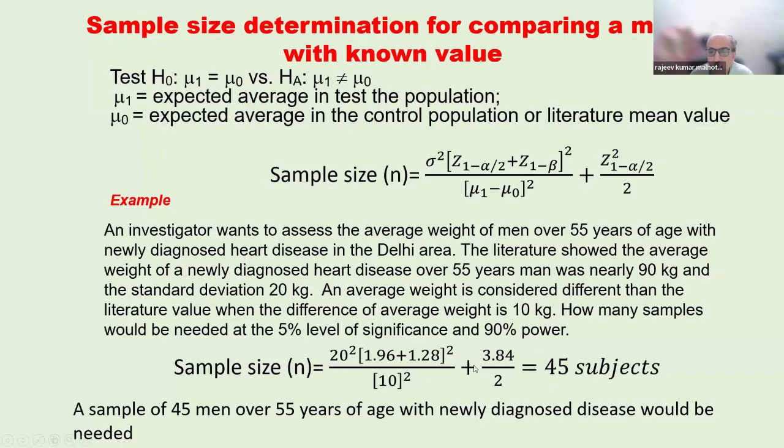So to prove in heart disease that the average weight is less or more than 10 kg compared to the average, we need 45 subjects with a 5% level of significance and the given power.